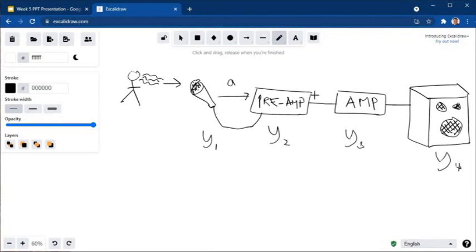Then the signal will enter the preamp and it will amplify the signal to some degree. Then, going out of the preamp is an amplified signal. Now, we label that amplification B. From the preamp going to the amplifier, of course, the signal again will be amplified.